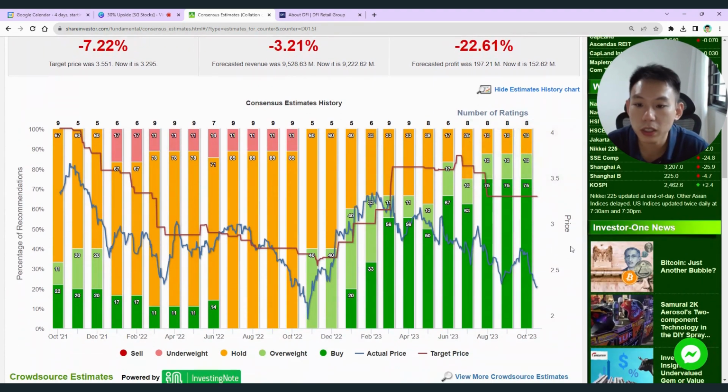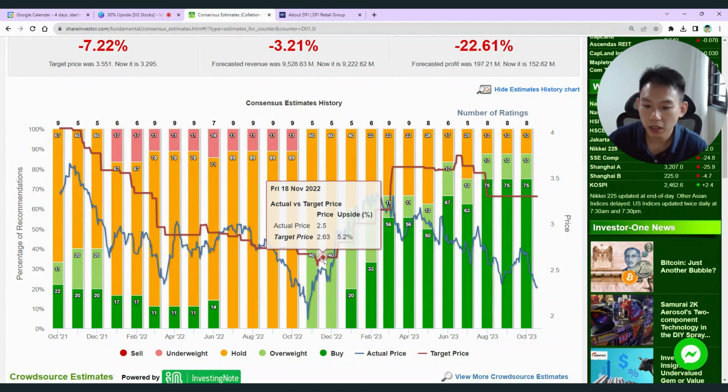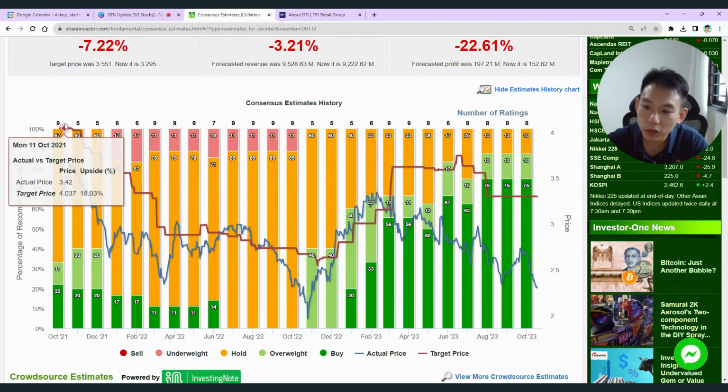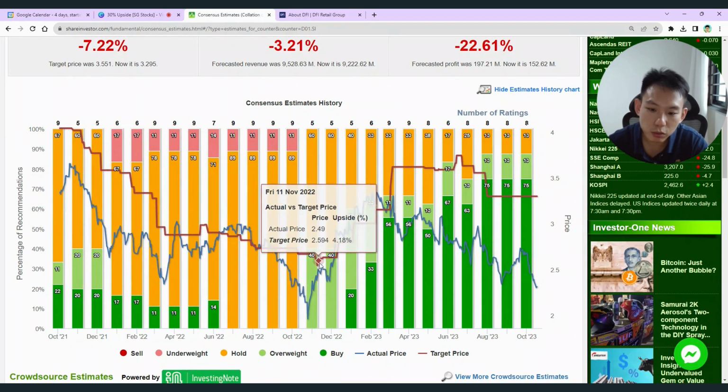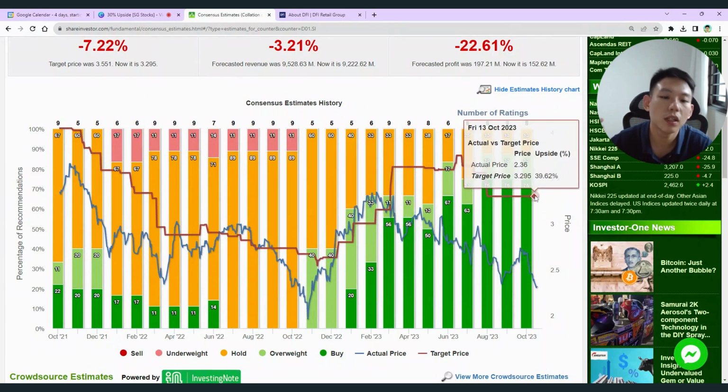Moving on, let's look at the 2-year analyst trend. If you look at the brown color line, you can say that the analysts are kind of flip flop lah. They downgraded the target price from around $4 to $2.50, and now they are shifting it back up to $3.30.